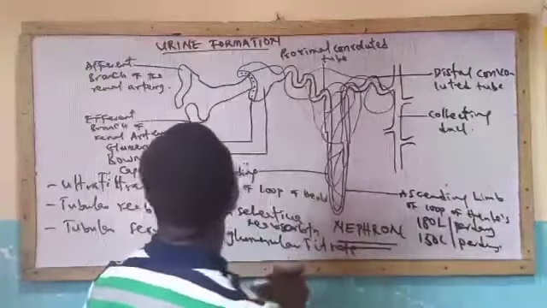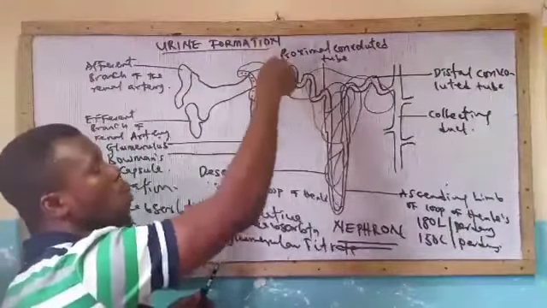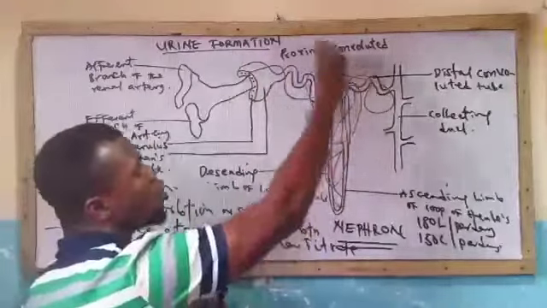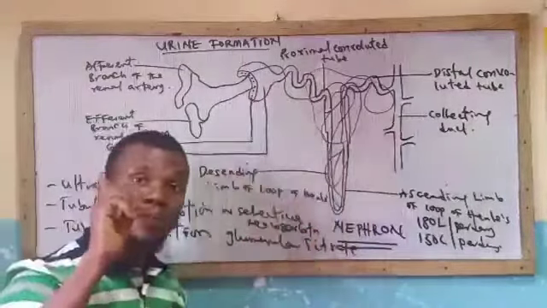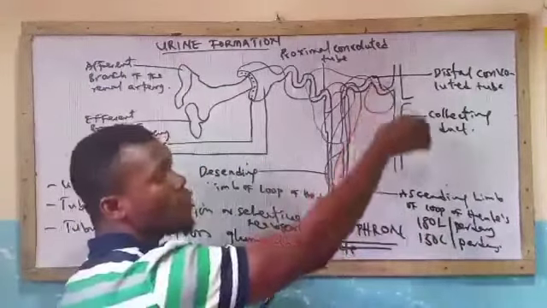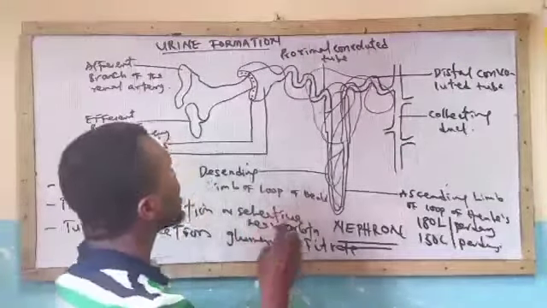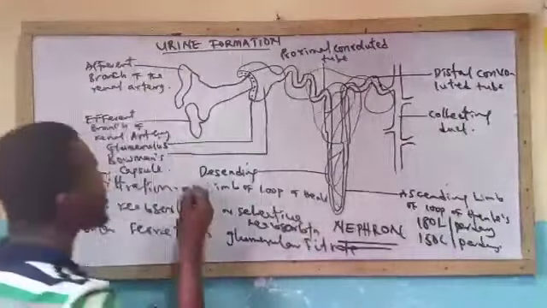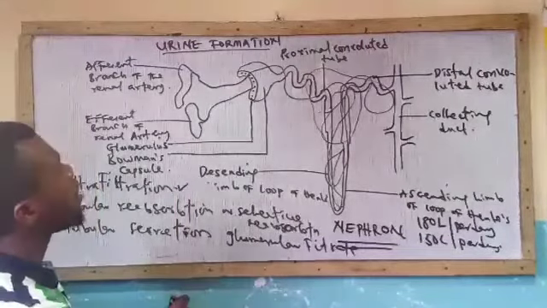That is the content that will be here per day. After all the processes, it's only just 1% of it, of either male or female, that will be emptied into the bladder through the ureter.